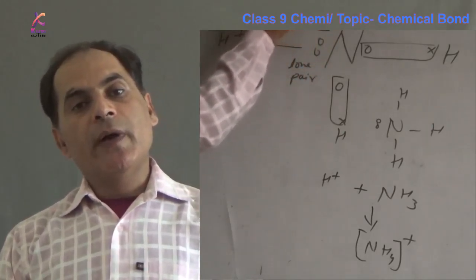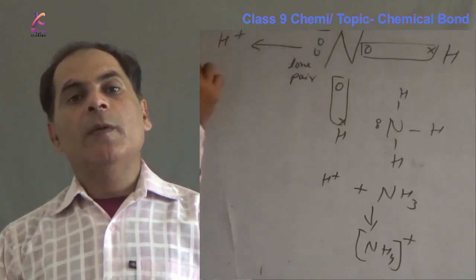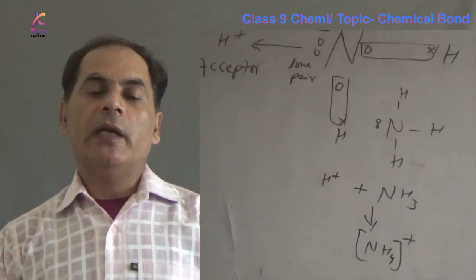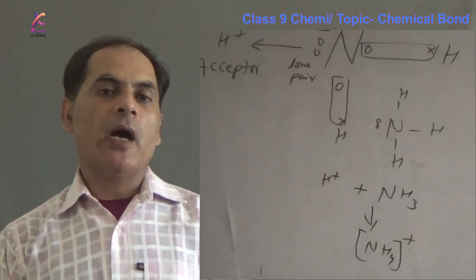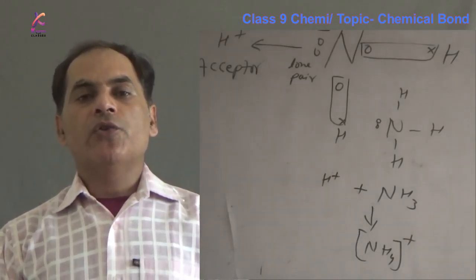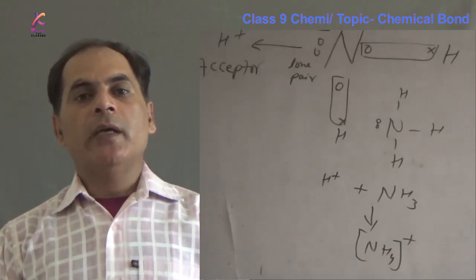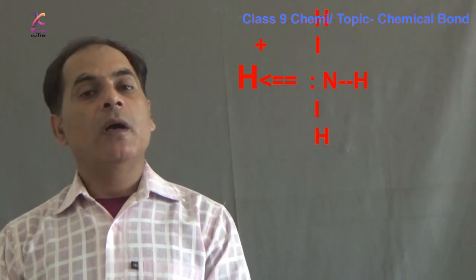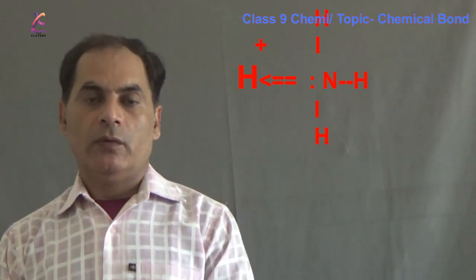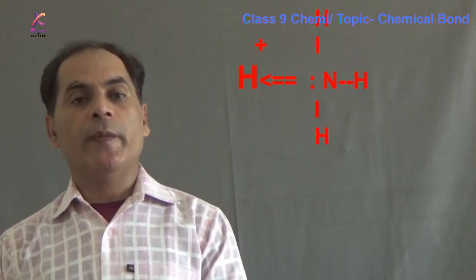In H positive ion, it requires 2 electrons to complete its duplet. So in this situation, nitrogen will give 2 electrons to the hydrogen ion or proton. Now this bond is shown by an arrow, and the head of the arrow remains towards the atom which is receiving the 2 electrons, which is receiving the lone pair of electrons.